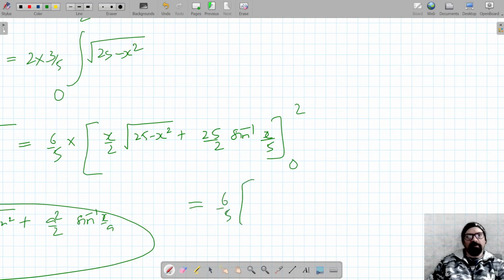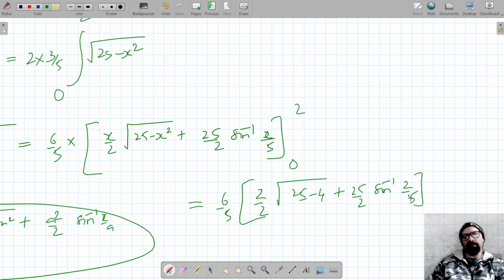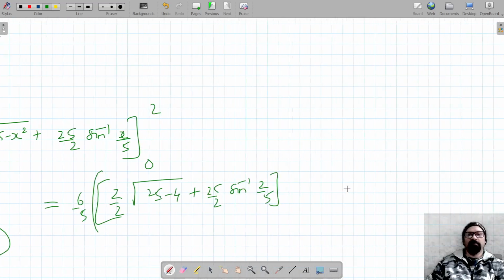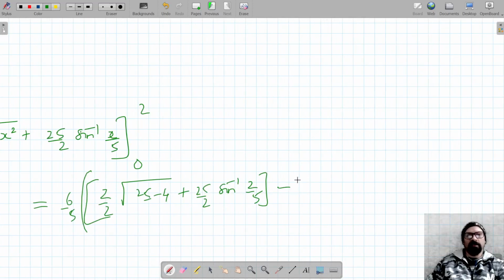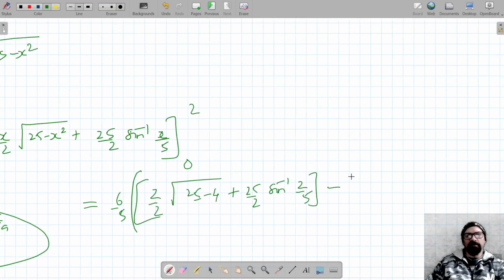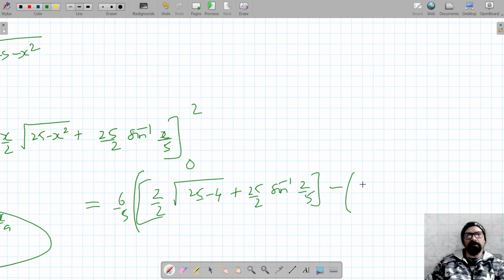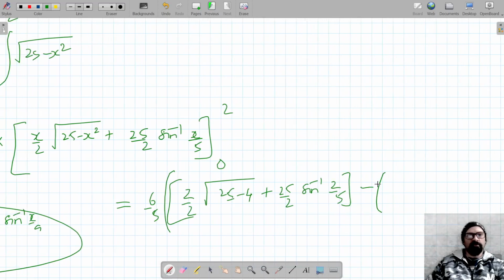This is 6 by 5. Let's put in 2. So this is 2 by 2 under root of 25 minus 2 square, which is 4, plus 25 by 2 sine inverse of 2 by 5, minus, and now let's use the limit 0, which is 0 by 2 is 0, and sine inverse 0 is obviously 0.